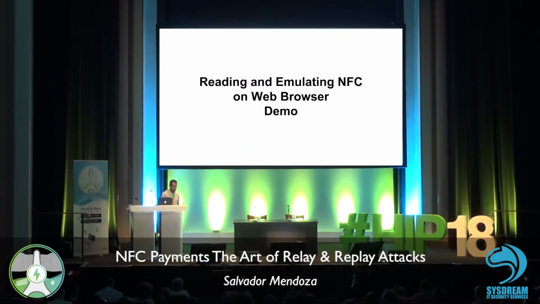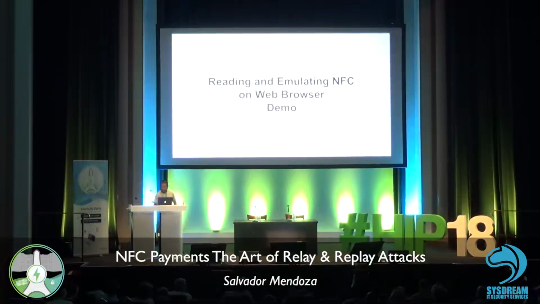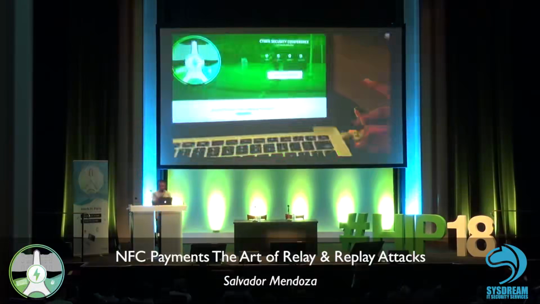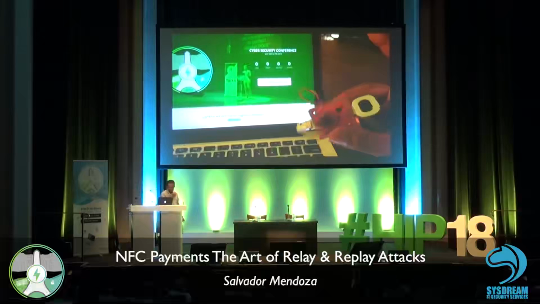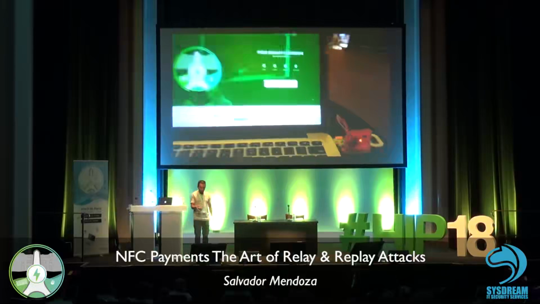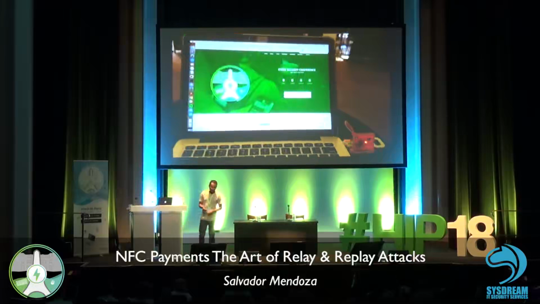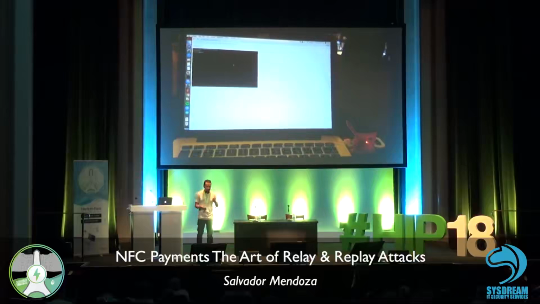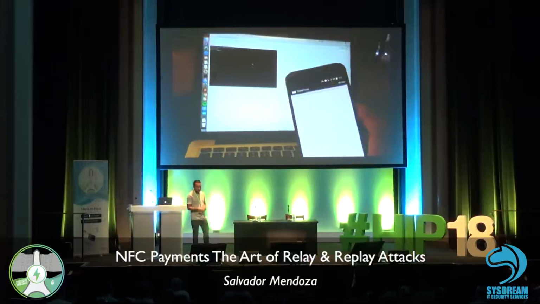So let's play some demos here. Let's say I have this device. It's a keychain with two PN532s. Basically, I'm going to use the red one right now. The idea here is I'm going to go to the web browser, and after that, I want to run a command to tell the web browser, you know what?